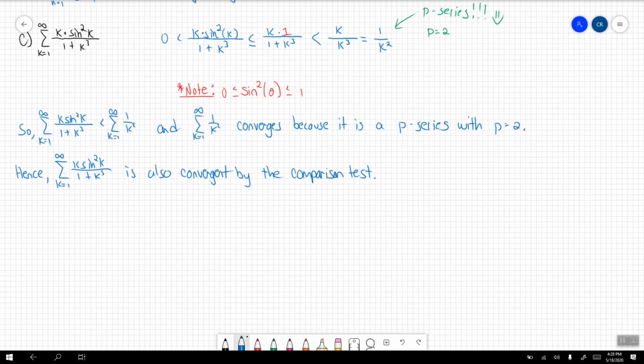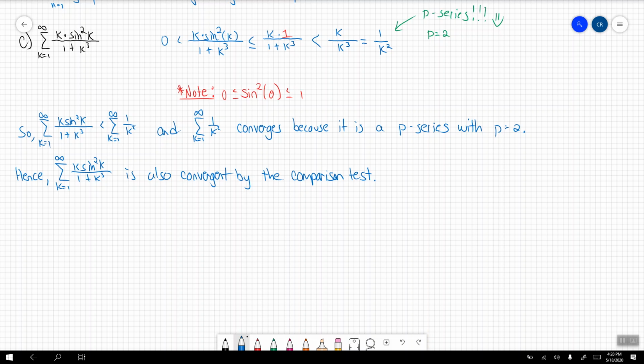If you have a series here, and if you have another series above it, but that series diverges, that tells you nothing about this series. The only time it does tell you something is if the function up top converges. Then that means this bottom function must also converge as well. So be very careful when you're building your comparisons.